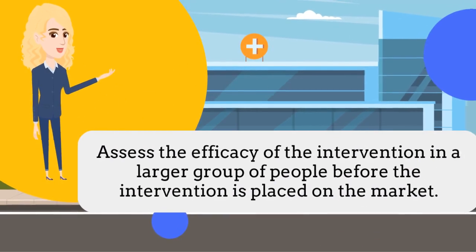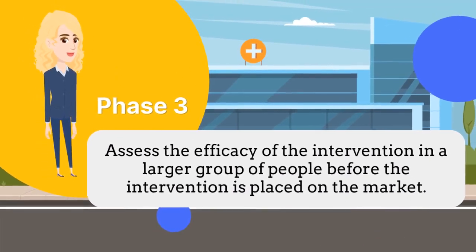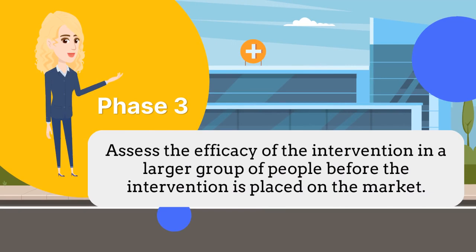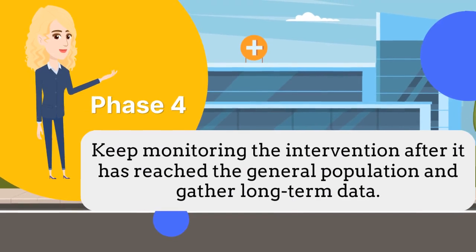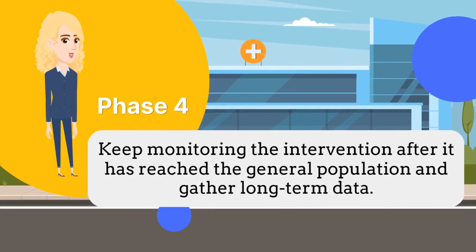Phase 3 is also there to assess the efficacy of the intervention, but this time in a larger group of people before the intervention is placed on the market. Phase 4 occurs after the intervention has reached the general population, and it is there to keep monitoring it and gather long-term data.